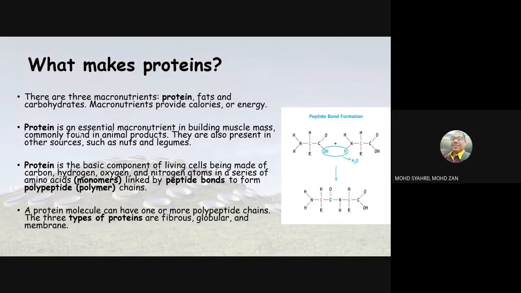So protein is an essential macronutrient in building muscle mass, commonly found in animal products. They are also present in other sources such as nuts and legumes. So those also have protein. So protein is a basic component of living cells, being made of carbon, hydrogen, oxygen, and nitrogen.